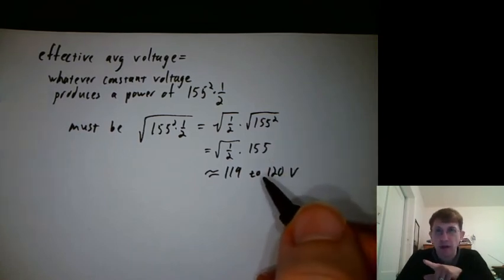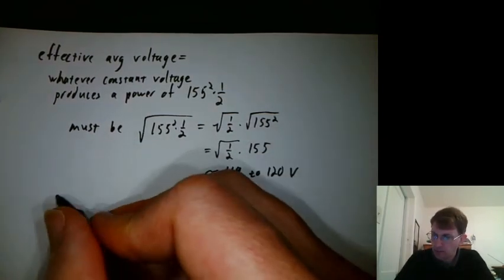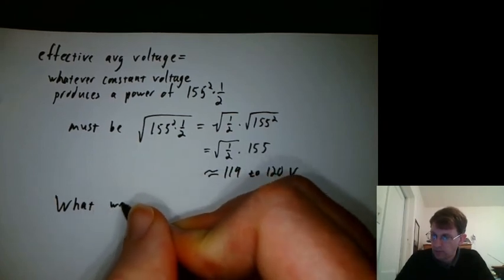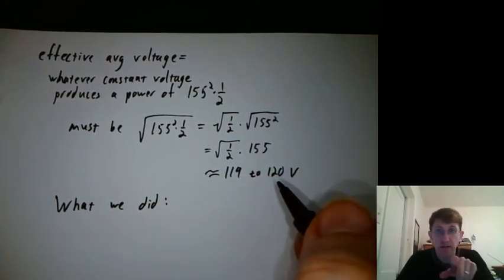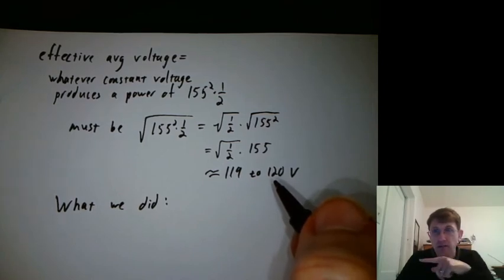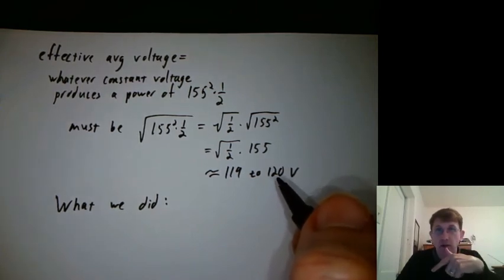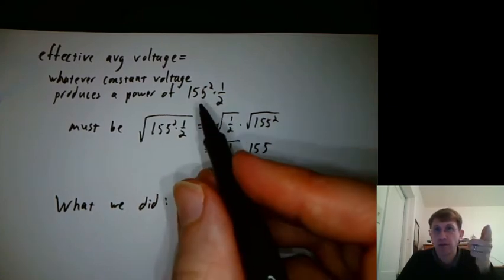So let's think about what we did. We're saying that if you had a constant voltage, not cyclically fluctuating, what constant voltage would you need to give you the same power as the cyclically fluctuating voltage with an amplitude of 155?